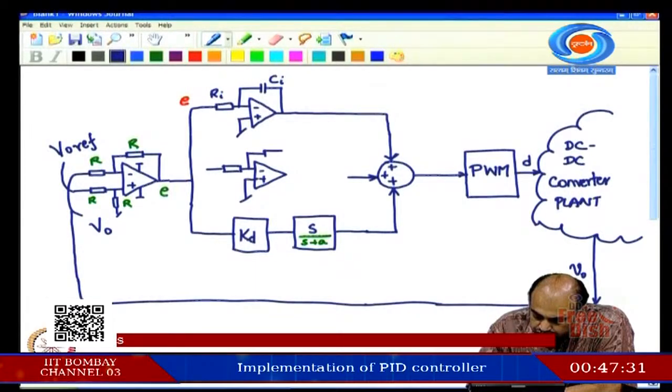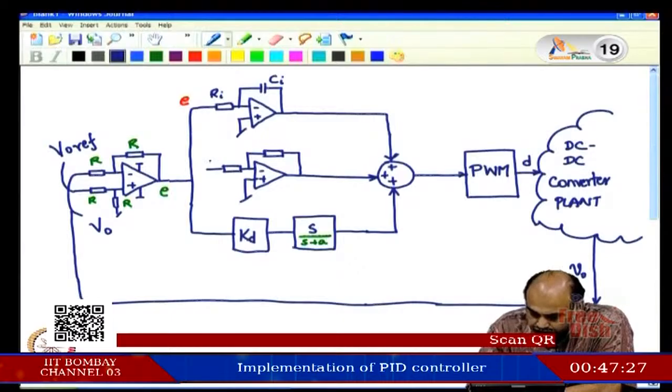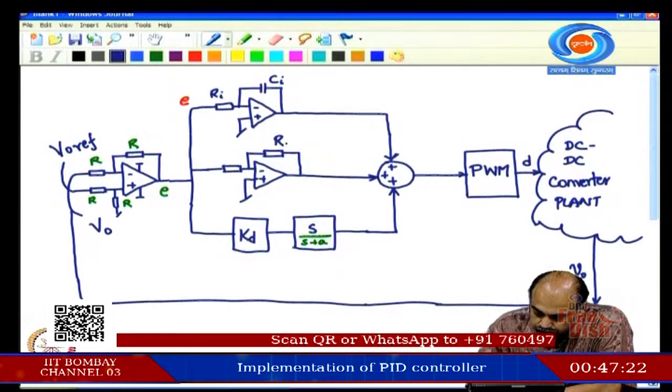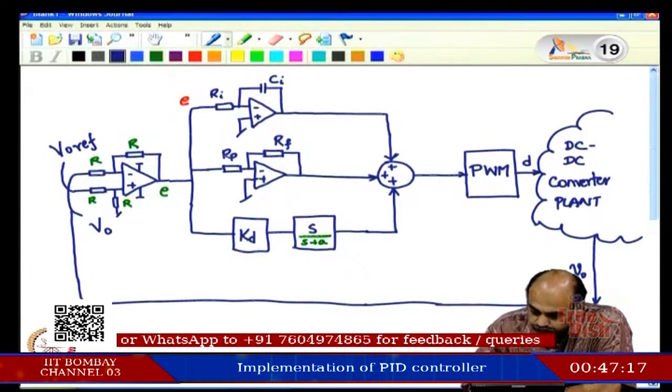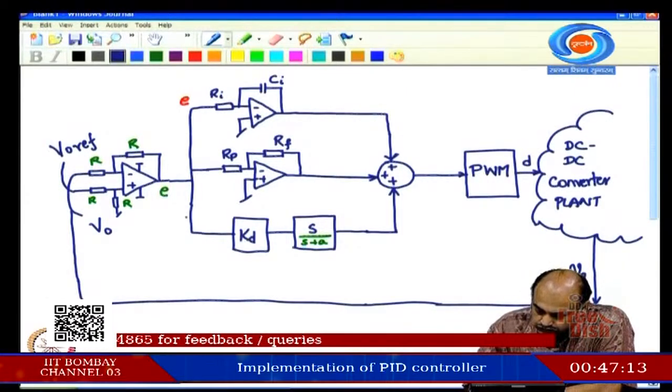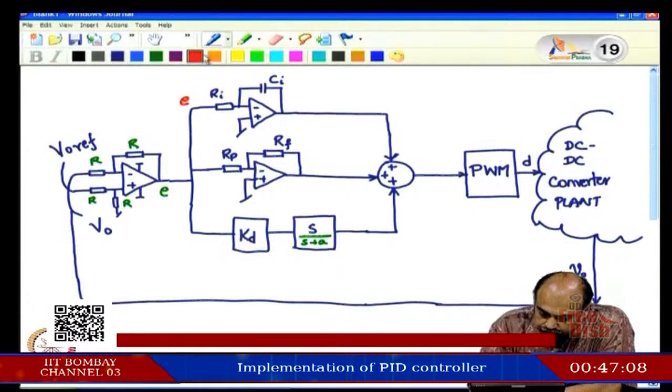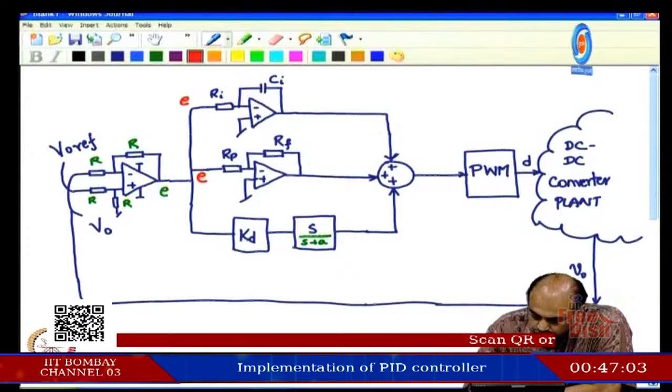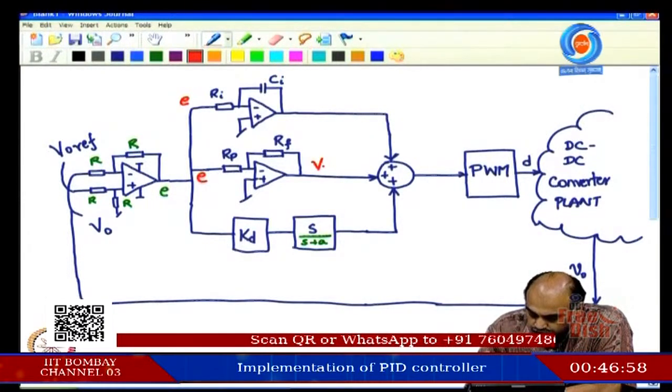This is an inverting amplifier, recall from your op amp classes. So, if this is R F and R P, we have the input as E here and output as V naught proportional.